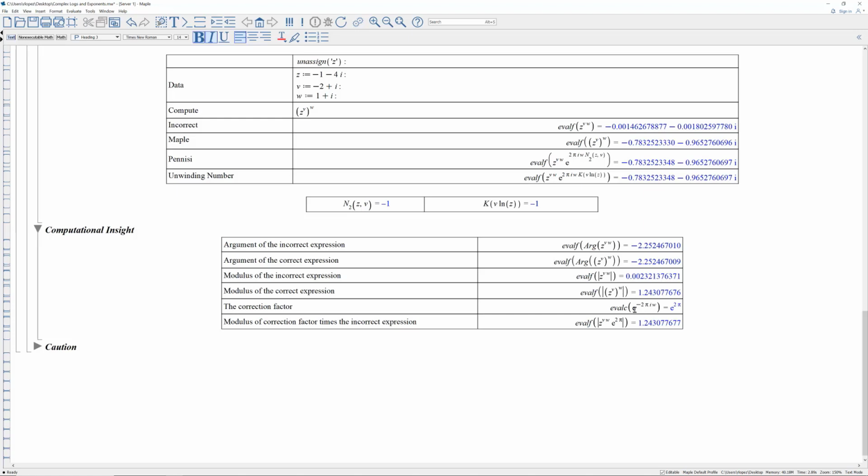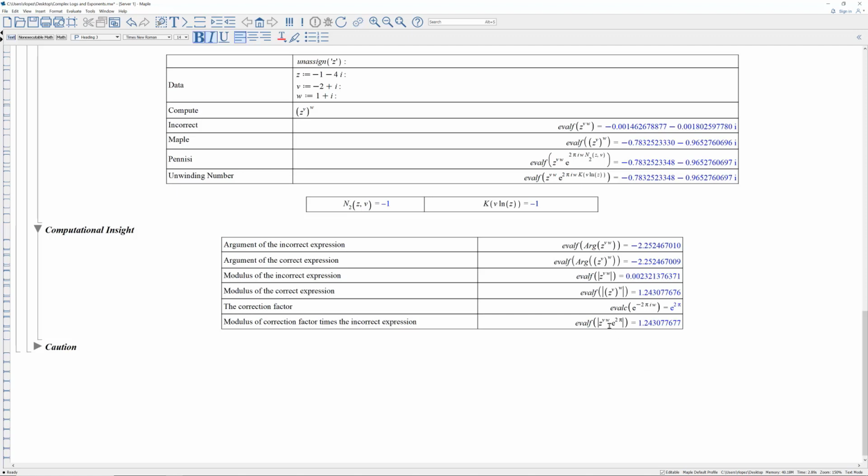And if you look at the correction term, the k or the n2 is negative 1, so it's e to the minus 2 pi I w. But remember, this is a very special w. It's 1 plus I. And it comes out to be e to the 2 pi, and that's what I kept looking at and saying, why is that correction factor coming out so nice? Is it always going to be quite so nice?